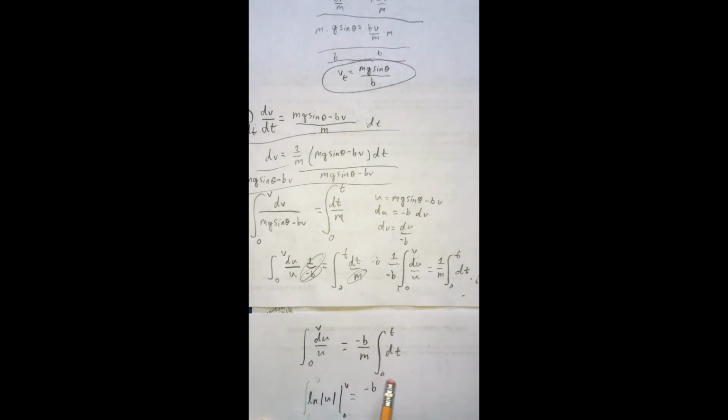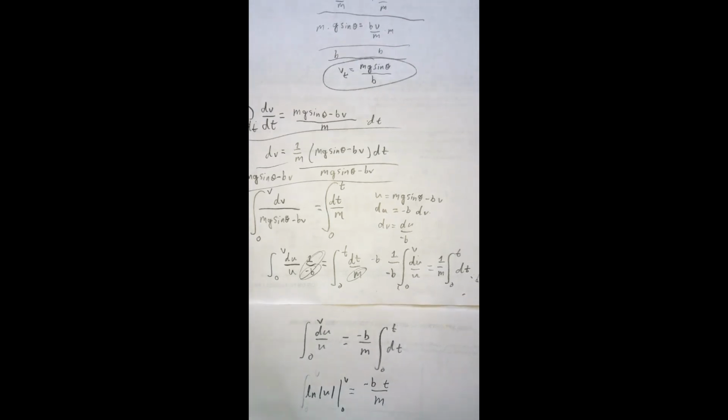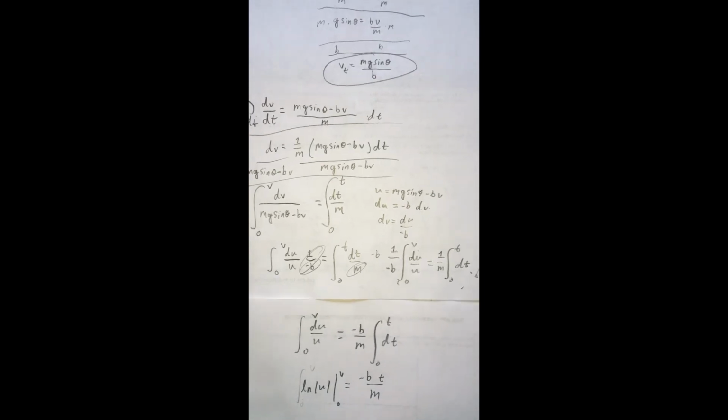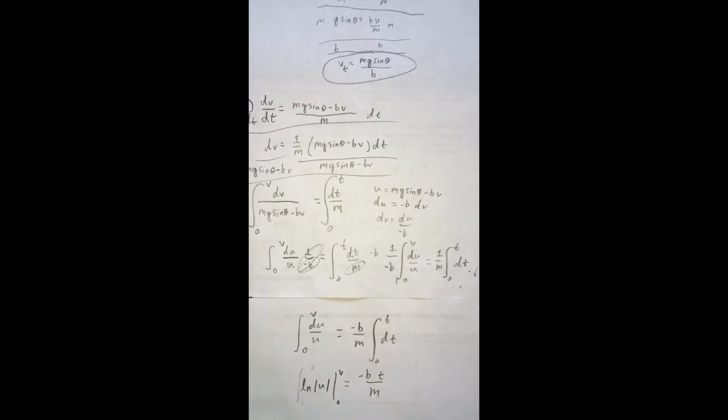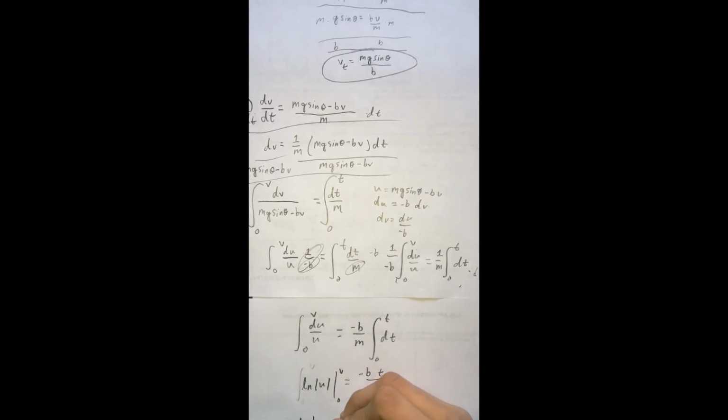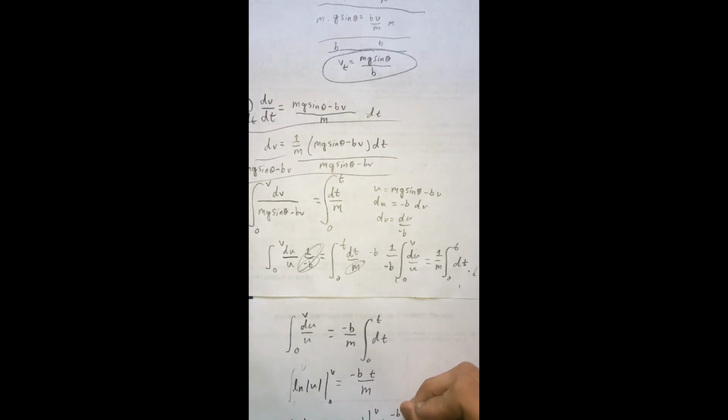We know the integral from 0 to t of dt is going to be just t over m, because if we plug in 0, we get 0, and t, we get t. T minus 0 is just t. So now what I want to do is plug my u back in here. So I have ln of mg sine theta minus bv from 0 to v is equal to negative bt over m.